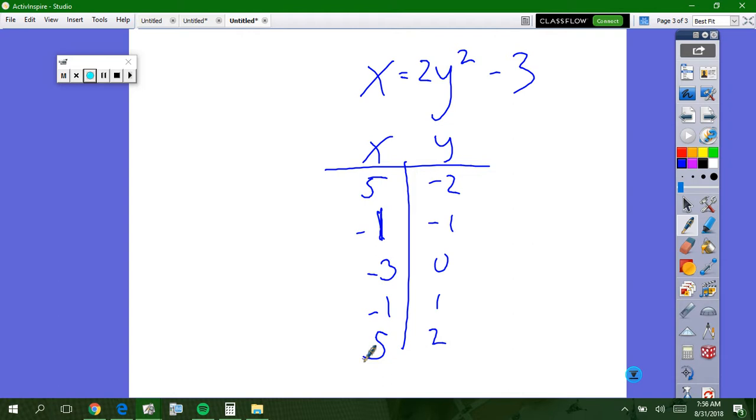Okay, so what this graph looks like, 1, 2, 3, 4, 5, we're up to -1, we're at -1, -3, we're at 0. Oh, sorry. -1, I'm at 1.